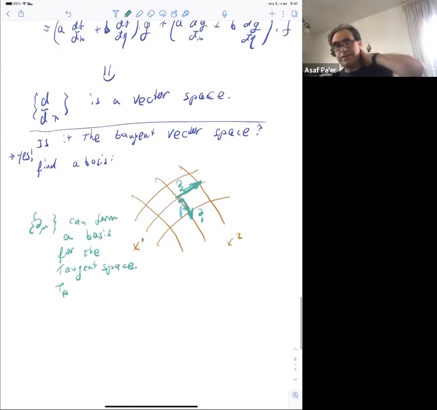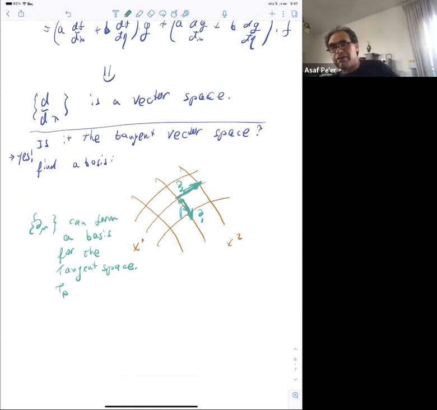What I mean by a basis is that any directional derivative I can write as a sum of some scalars multiplying these basis vectors. That's the meaning of a basis.